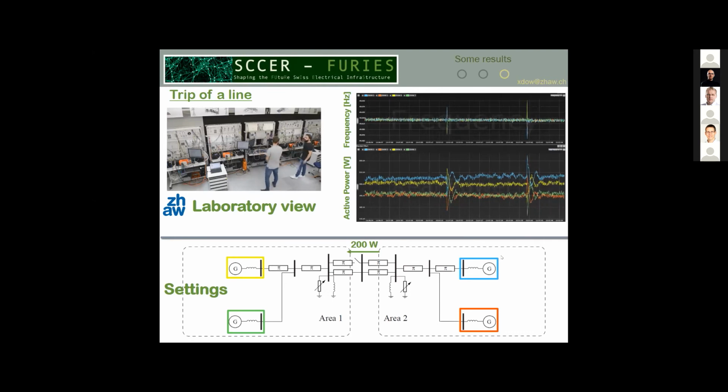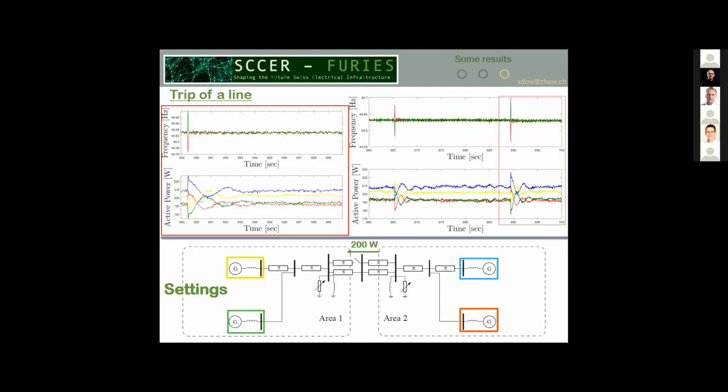The only thing is that this inter-area oscillation is damped quite fast, but we have a very nice behavior. When we zoom here again, we can definitely see that the generators in blue and red are reacting together, but against the ones in yellow and green.